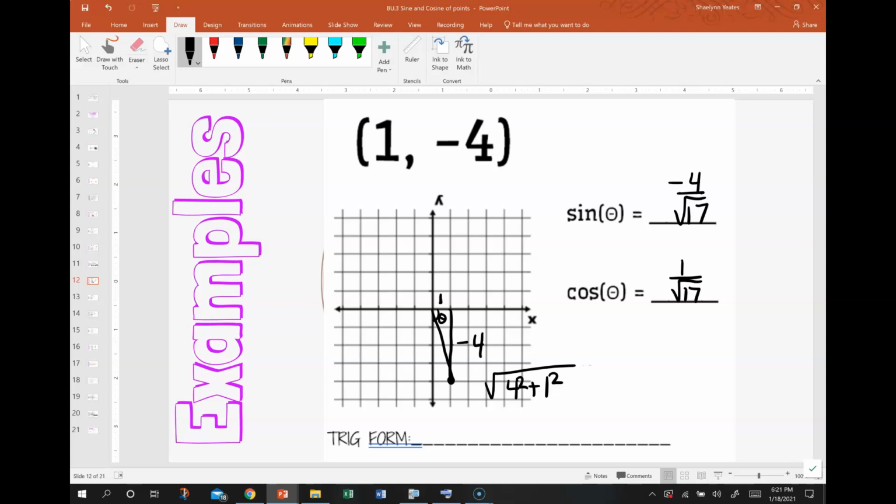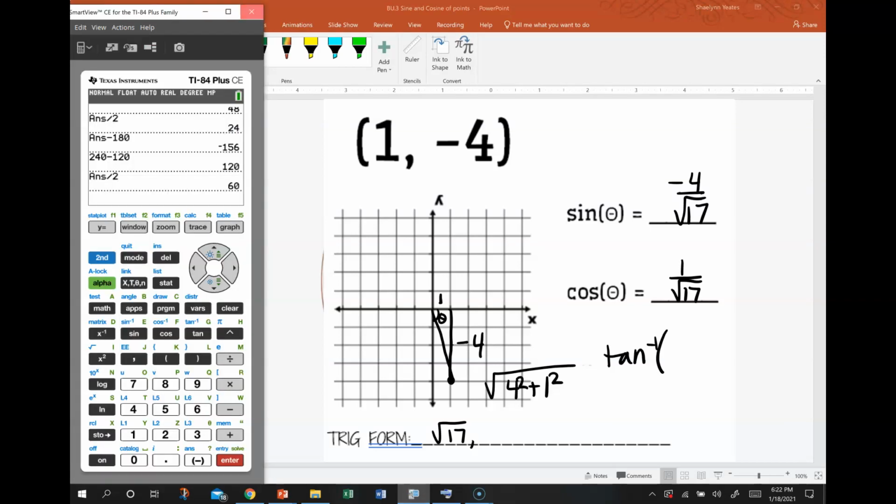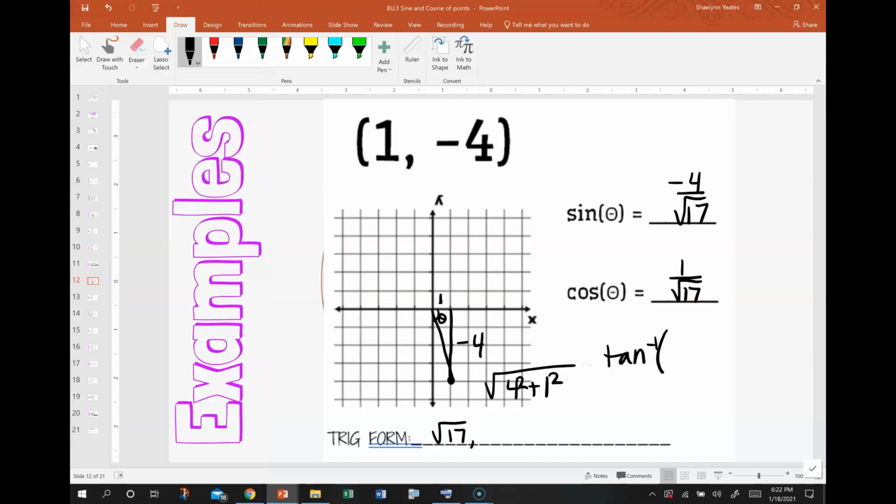So my trig form is going to be square root 17, comma, and my theta, which is going to be my inverse tangent of, this is where I'm going to need my calculator, so we're going to have to reopen that.